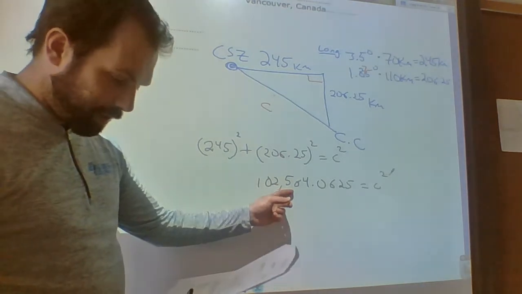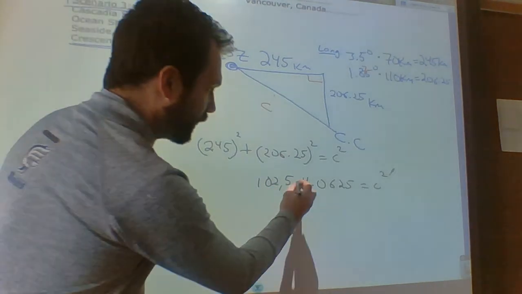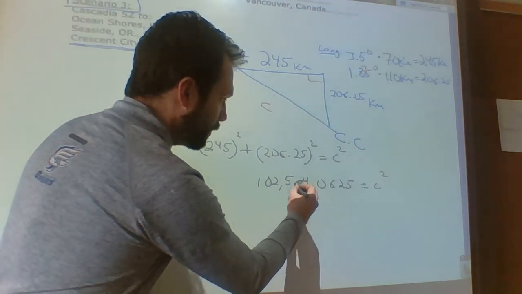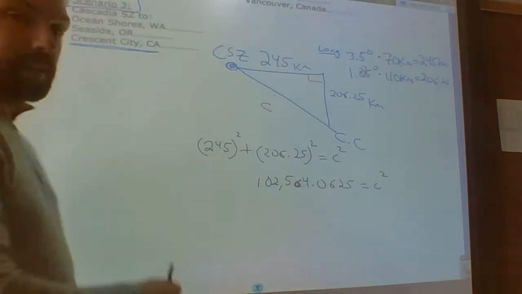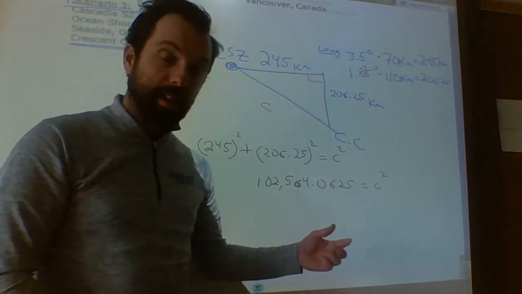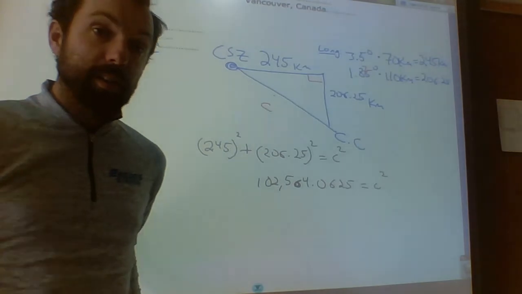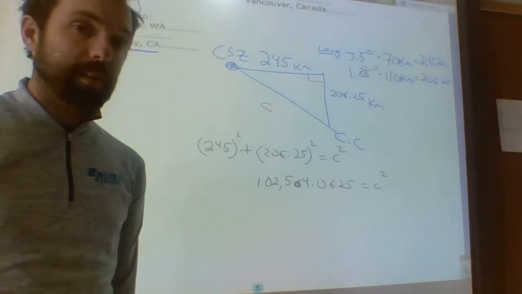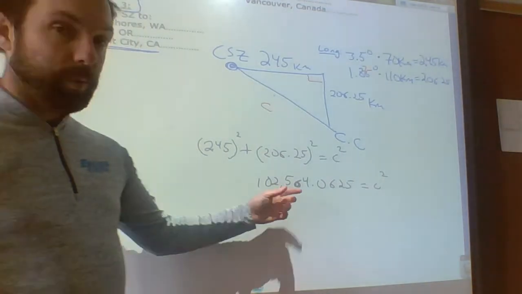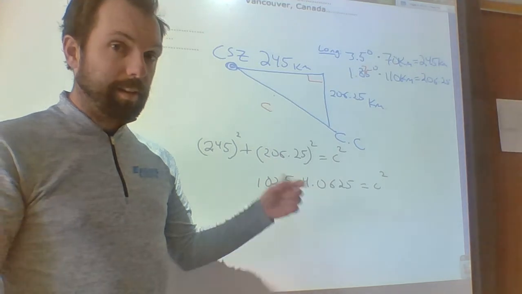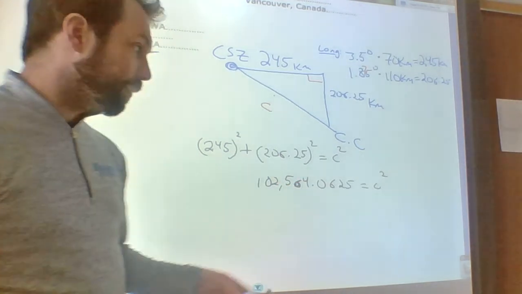And I didn't round it off. We will round it later, but you always want to wait till the very end. If you round it in the middle, it actually could affect your final calculation more significantly than you might imagine. So we will round this, but not in the middle. I'm going to wait till the end to round it off.